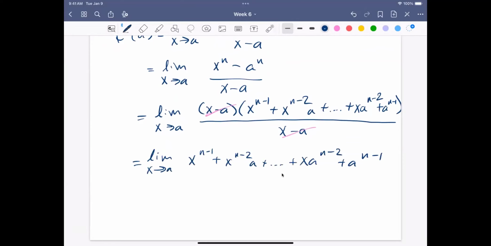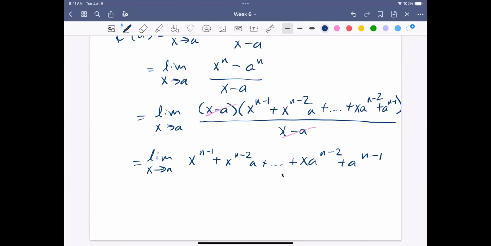Okay. So now we have a nice polynomial. We don't have our denominator anymore.